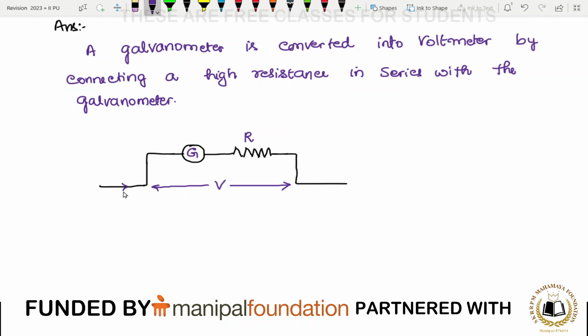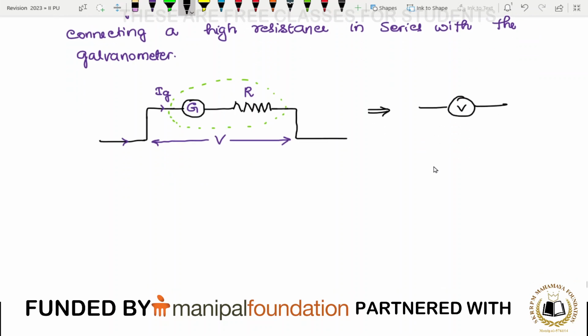So I is the current flowing and here is the current Ig. Now this much portion is called a voltmeter. Okay. Now the same thing, we can replace what is the circled region with a voltmeter.